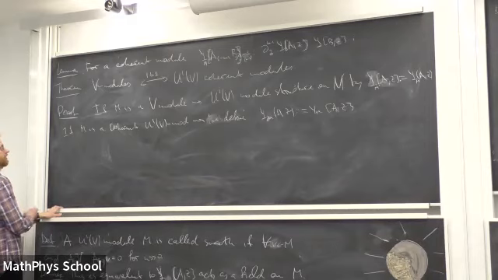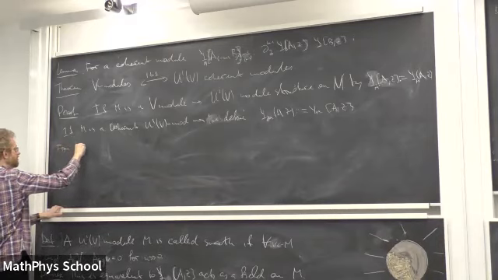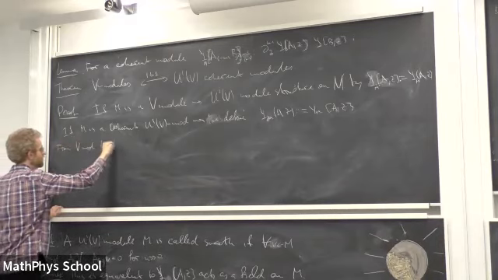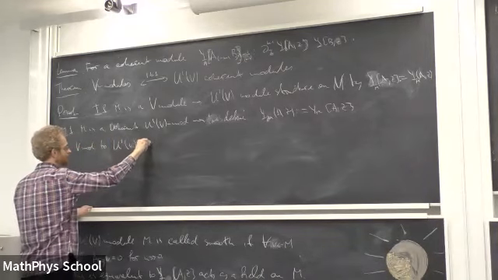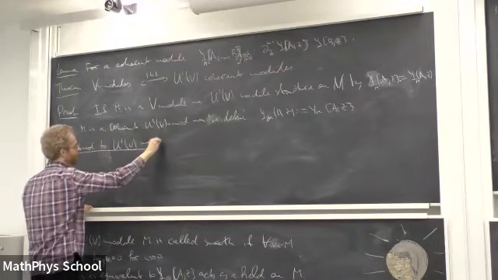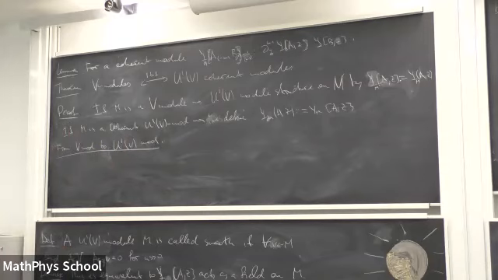So first, from a V-module to U prime. We start with the module over the vertex operator algebra, and then we proceed with the module over U prime. So what do we actually have to show?